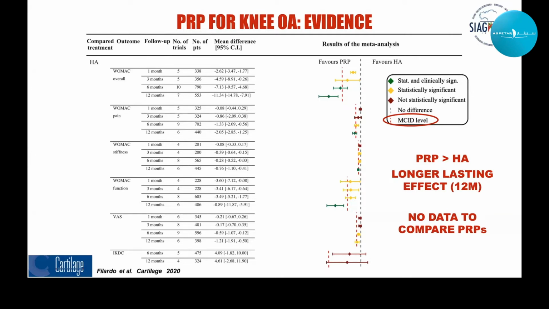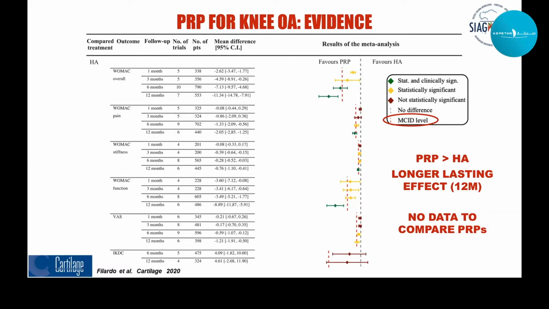Then you look at the main comparator, which is hyaluronic acid. With hyaluronic acid, it's even more difficult because there are really a lot of studies comparing PRP and hyaluronic acid. And at the end, most of the studies are statistically significant, or sometimes also clinically significant, in favor of PRP if you look at the graph.